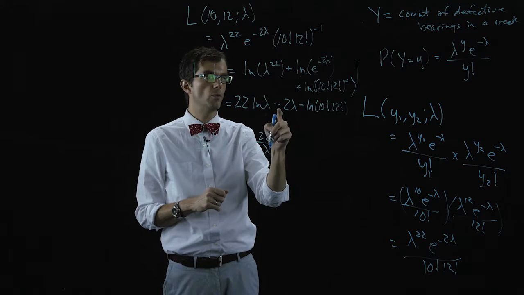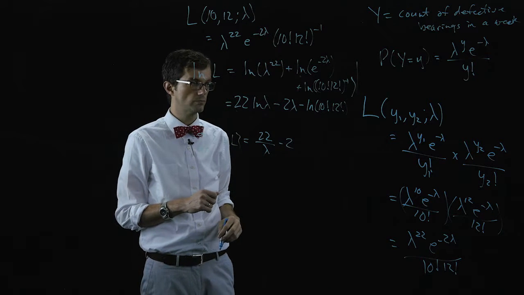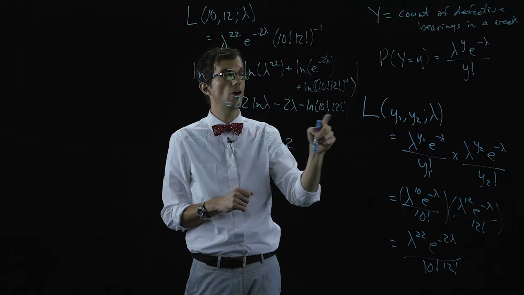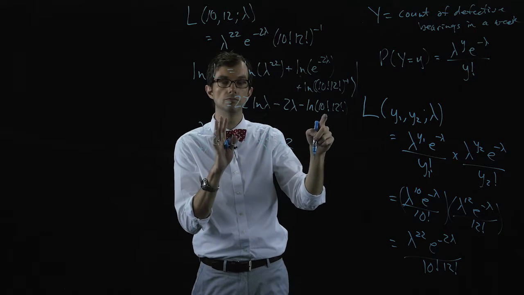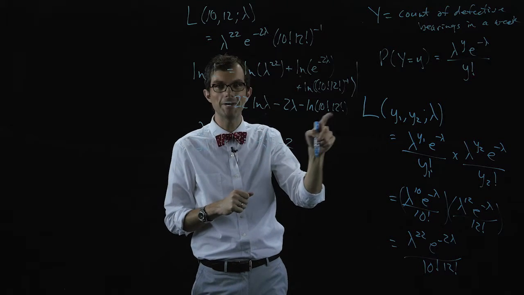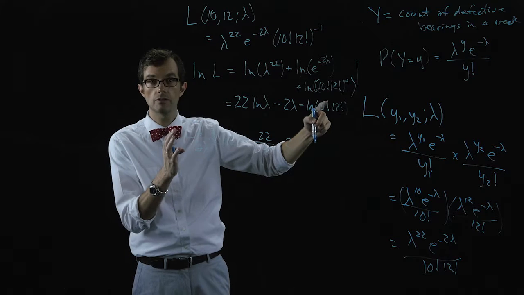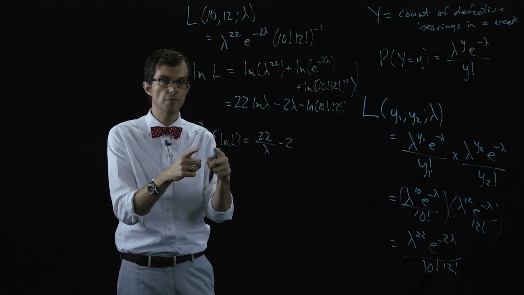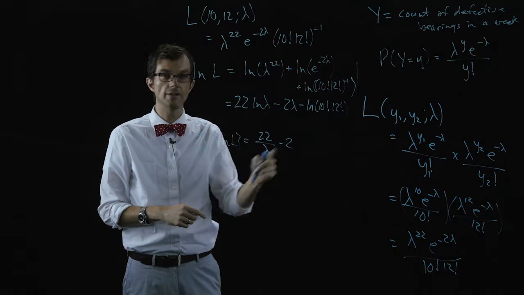The derivative with respect to lambda of negative 2 lambda is negative 2. The derivative with respect to lambda of the natural log of 10 factorial and 12 factorial is just 0, because there's no lambda in here. Taking the derivative of this constant is 0. So our derivative of the natural log likelihood is 22 over lambda minus 2.